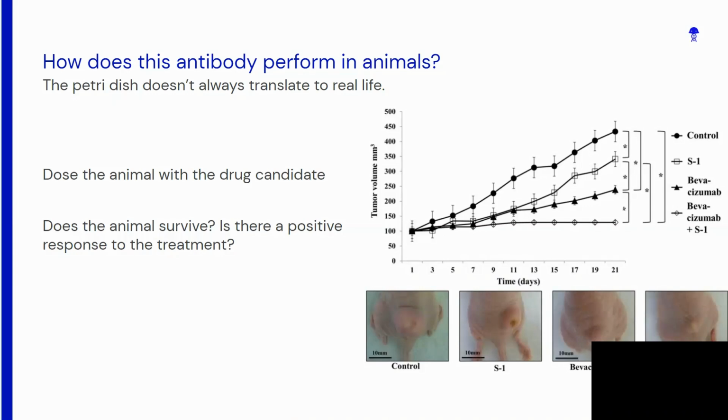Sure, absolutely. As you said, the antibody may bind to the target in vitro, but it's unclear whether it's going to have the same performance in a living species. One common example of an issue is that the antibody at therapeutic dosages does bind to the target, but causes acute liver toxicity.